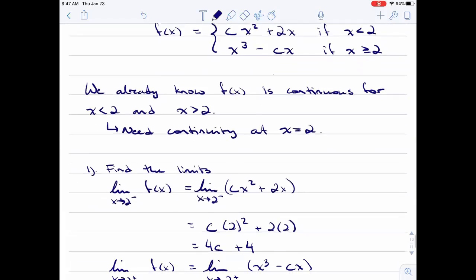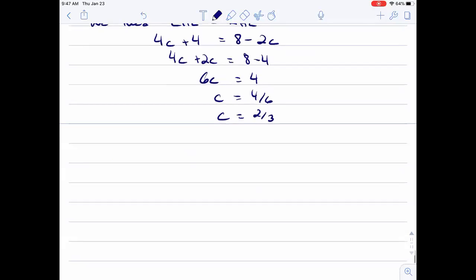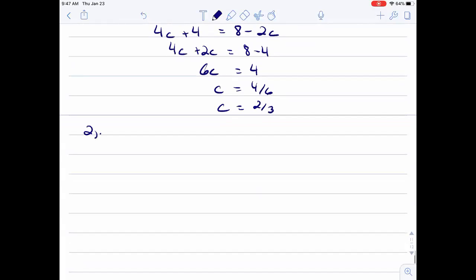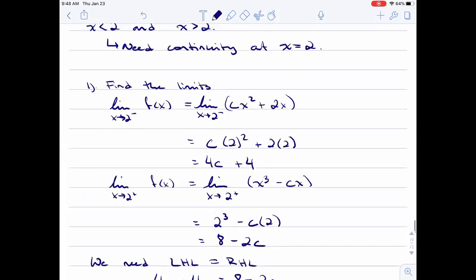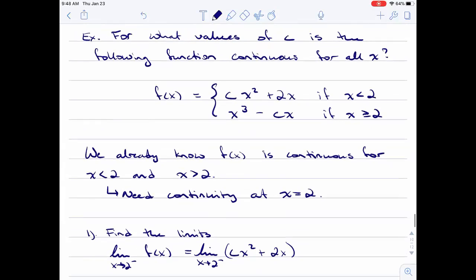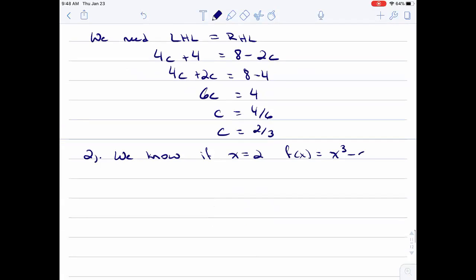And so what we want is, for the second one, we know if x equals 2, f of x was x to the power of 3 minus cx.